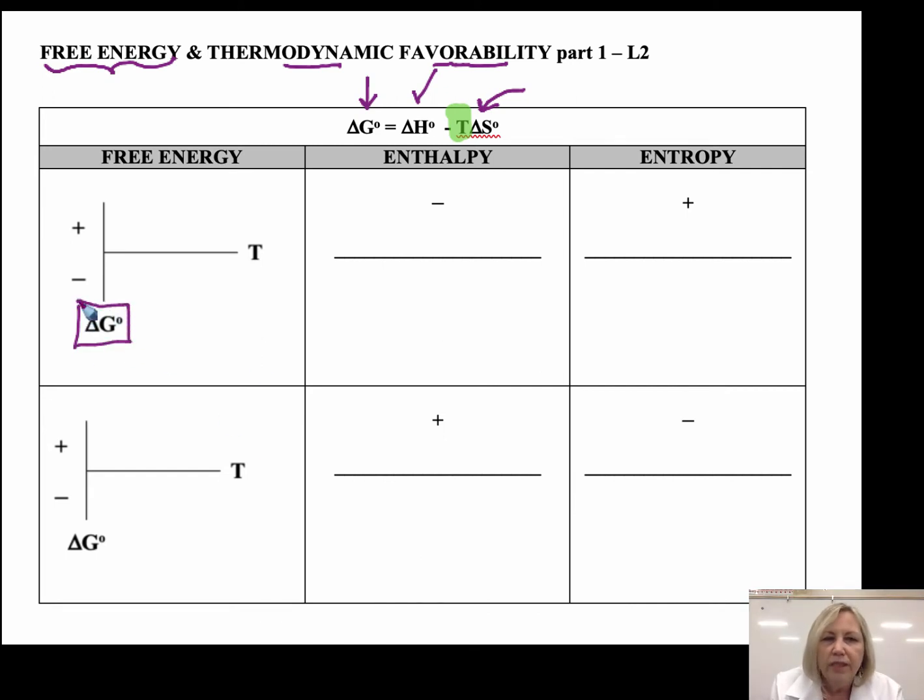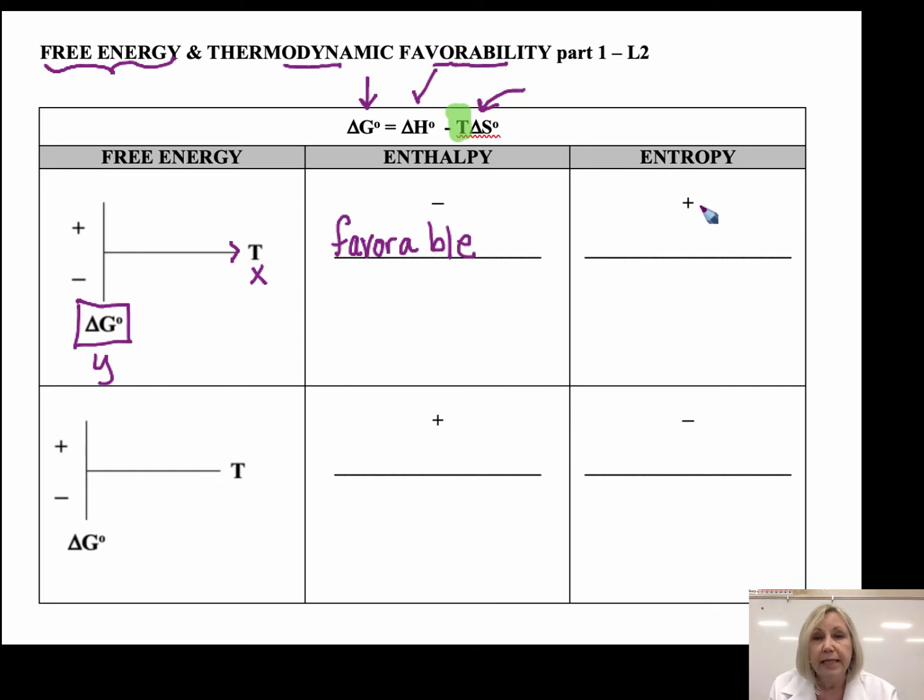Okay, so what we're going to be doing is graphing delta G on our y-axis and temperature on the x-axis. This is just a very qualitative picture of what's going on in a system. So we're going to set up possibilities between enthalpy and entropy. If enthalpy is negative, that is considered a favorable process.